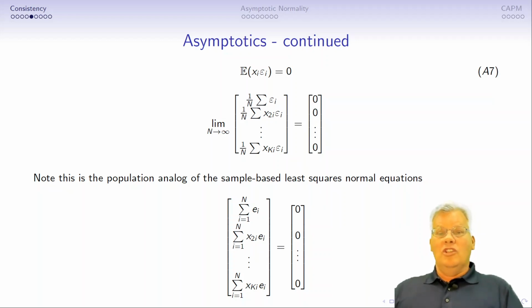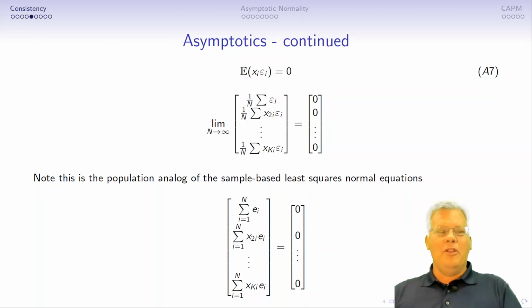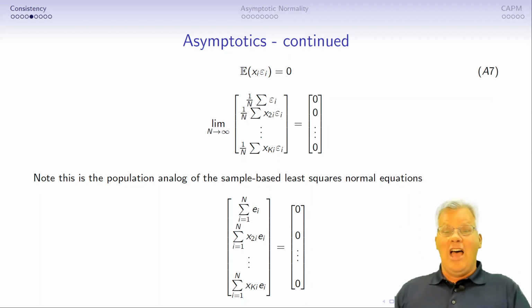So what this says in essence is that the ith observation of the explanatory variable and the population stochastic disturbance term are independent or uncorrelated. Okay, so if assumption A7 is true, then that implies the limit as the sample size goes to infinity of that matrix on the right-hand side from the previous slide. Each element of that is going to be 0, right?